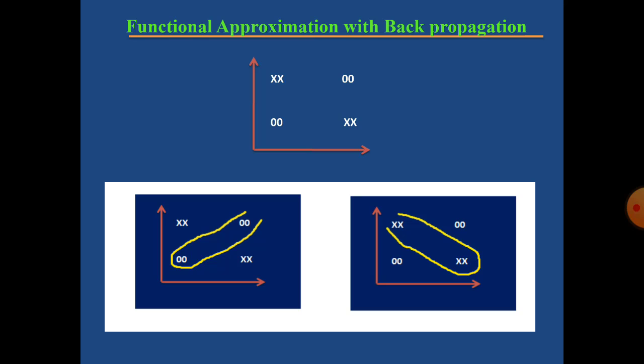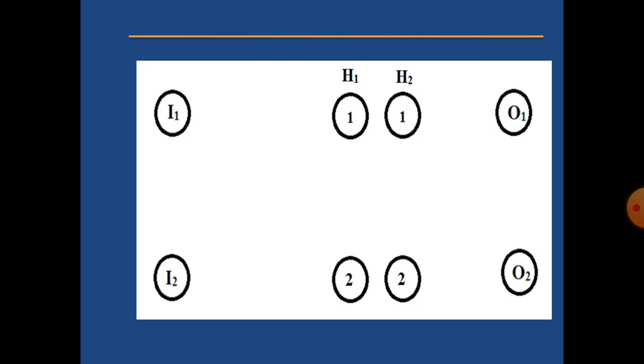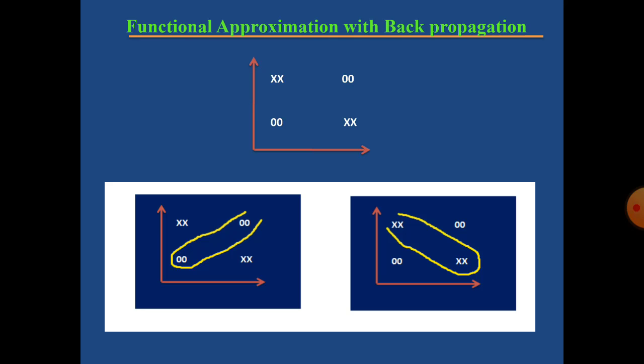If you consider this figure, first we have two classes: the X's belong to the same class, and the O's belong to one class. So here we have two varieties of classes. Suppose you are able to separate these two classes with a straight line, then we say that the given pattern is linearly separable.